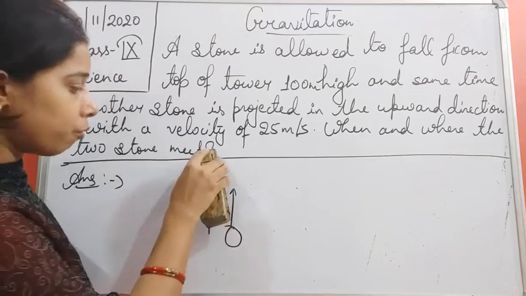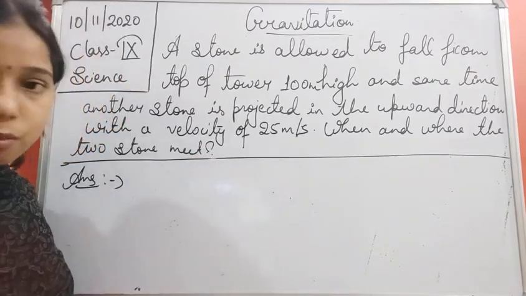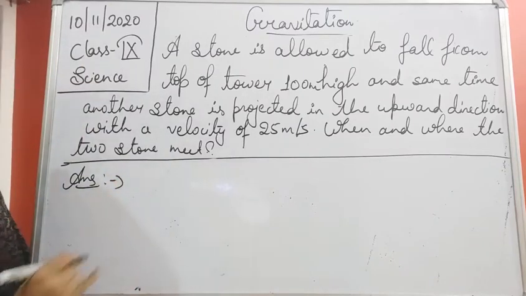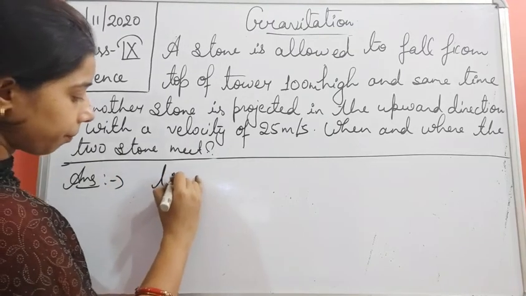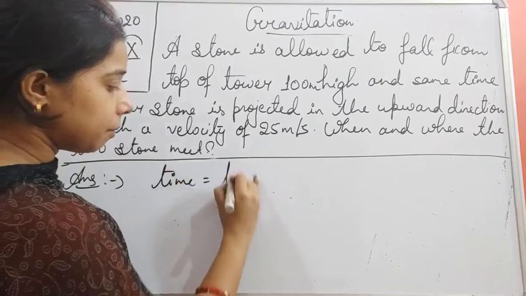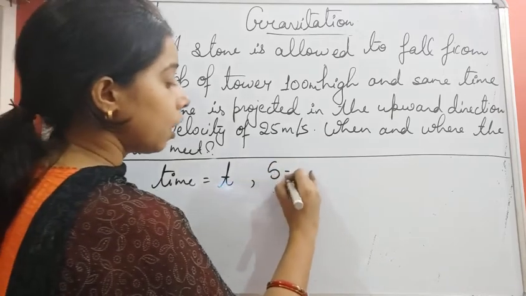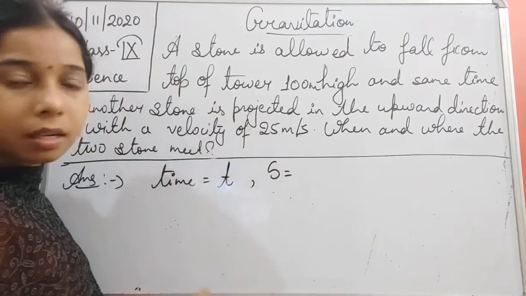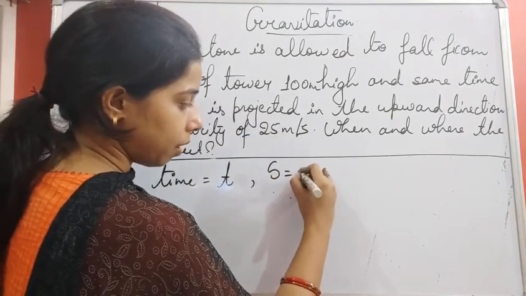So first of all, we will write what things are given here, then we will move forward. The first thing is time, which we will represent by T. T is the time after which the stones meet. S we will take as the distance, the height of the stone dropped from a certain height.